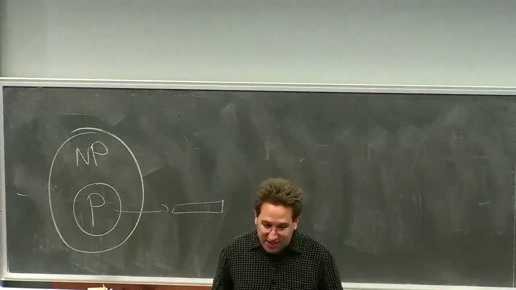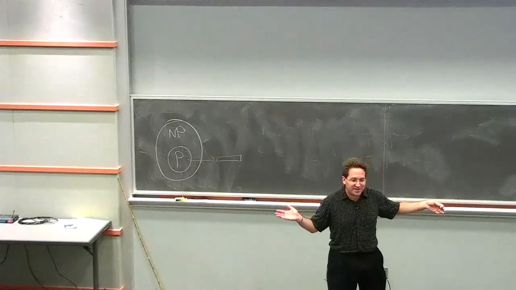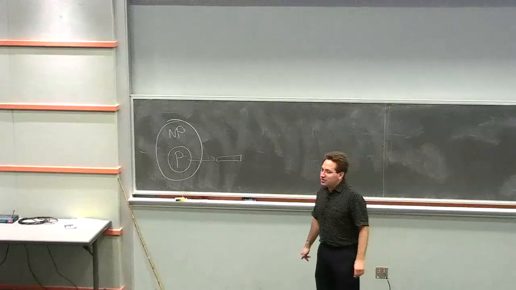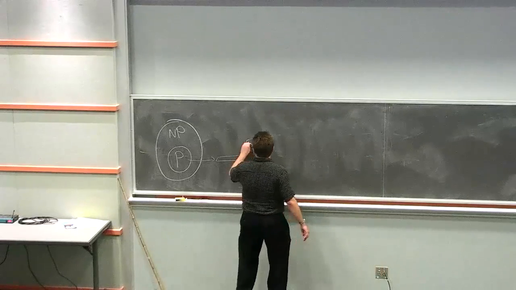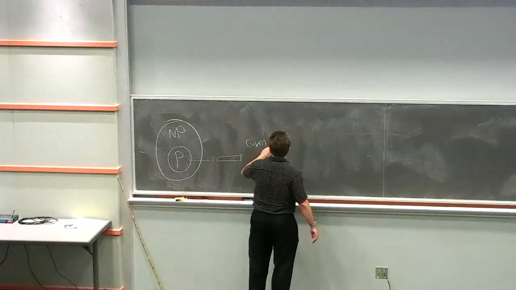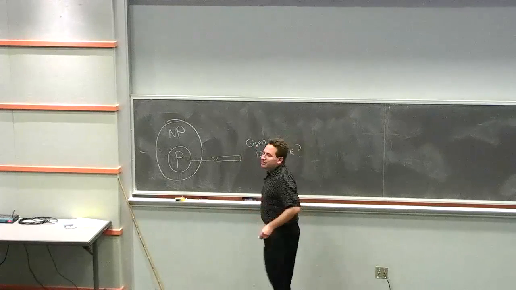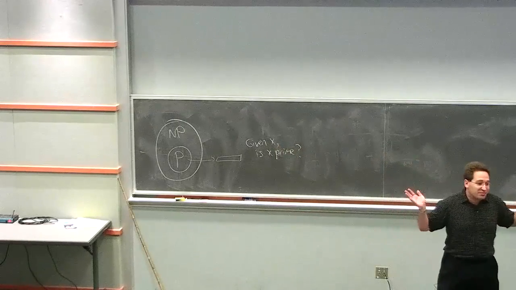When computer scientists say a problem, we mean something involving an infinite collection of inputs. Each input is just an instance of the general problem. A good example would be: I give you an integer x written in binary notation, and then is x prime or not?